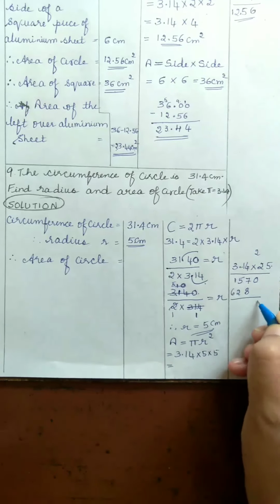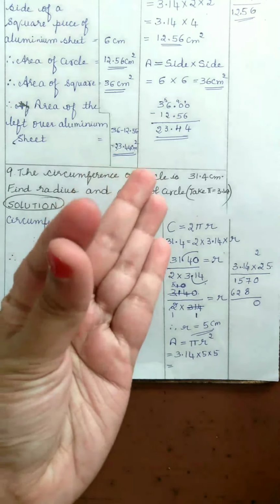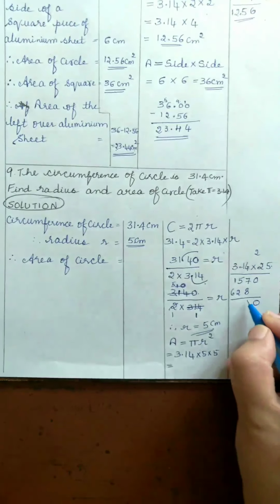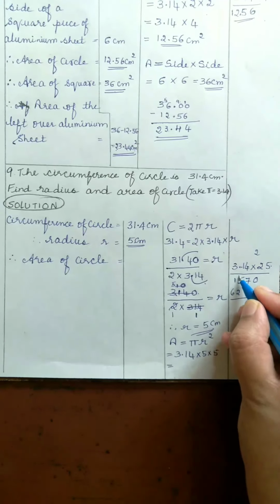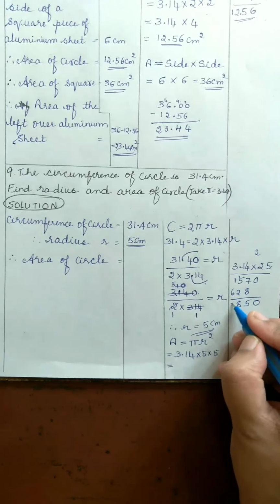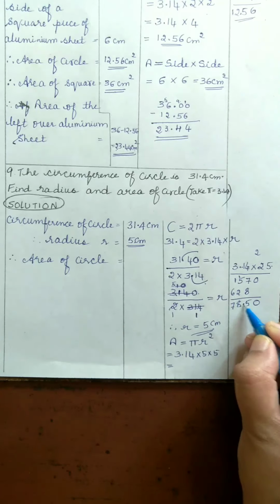Therefore, 0. Then 7 plus 8 is 15, 1 carry on, 5 plus 1 is 6, 7, 8. Then 6 plus 1, 7. So after the decimal point, we have 2 digits. From the answer, right side, after the 2 digits, take a decimal point.